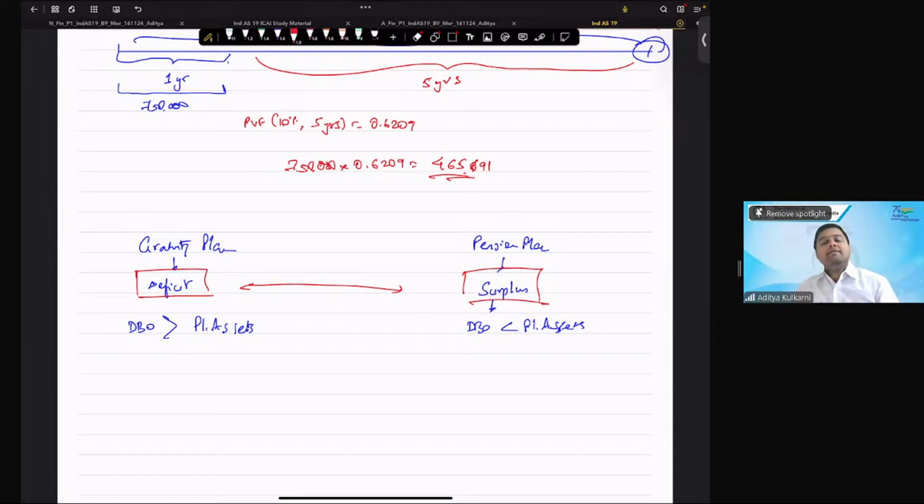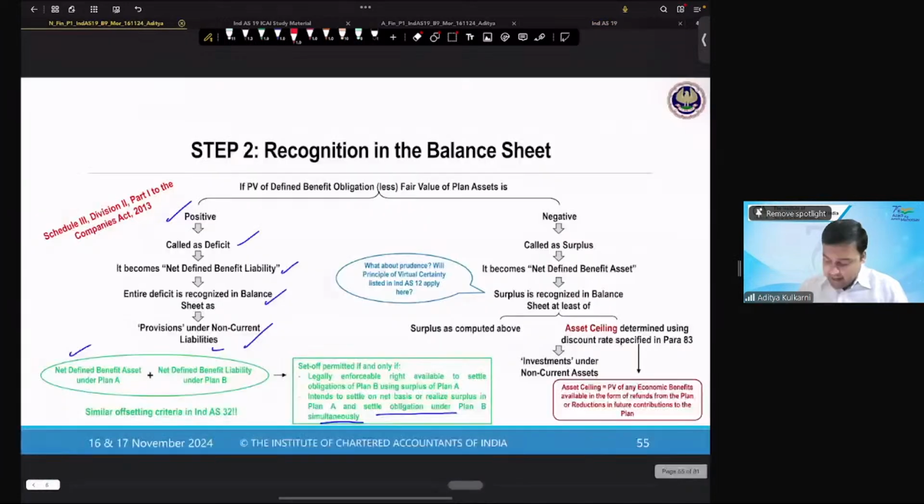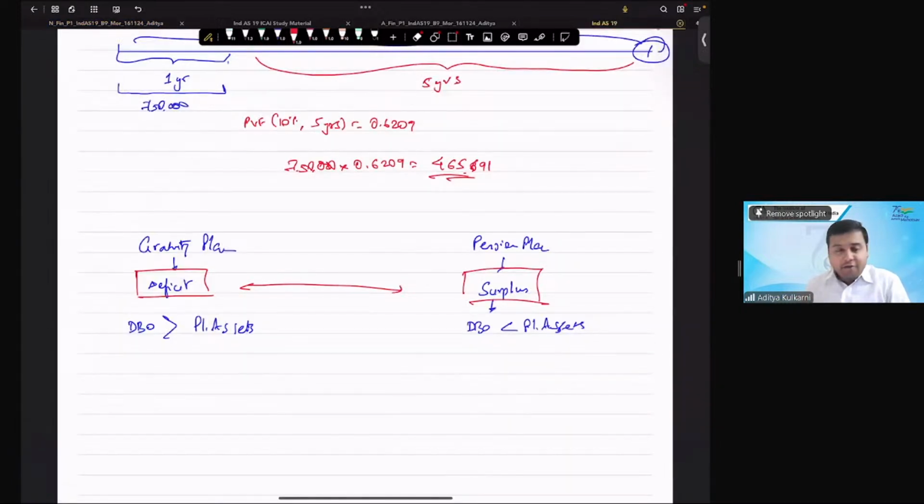The answer is, you can set off only if the offsetting criteria in Ind AS 32 are fulfilled. Now, what is that offsetting criteria? It states that there must be a legally enforceable right to settle the obligations against the surplus of the other. So it must be legally enforceable that you can use the pension plan's surplus against the deficit.